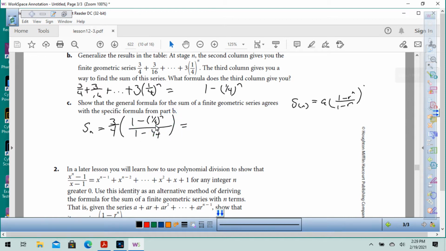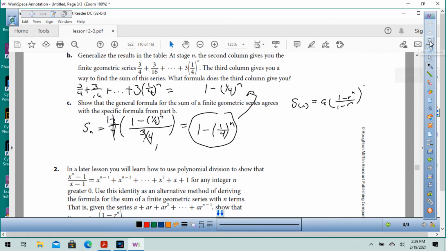Okay, and then simplify. This 1 minus 1/4 is going to be 3/4, right? And the 3/4s cancel out, and you're left with 1 minus 1/4 to the nth power, which is the same as that right there. All right.